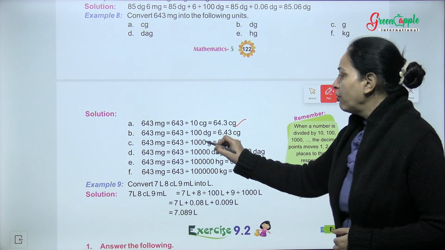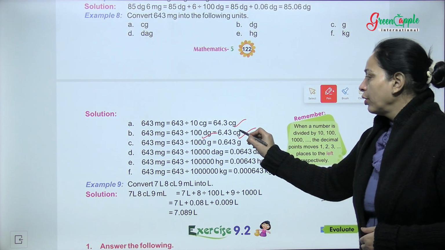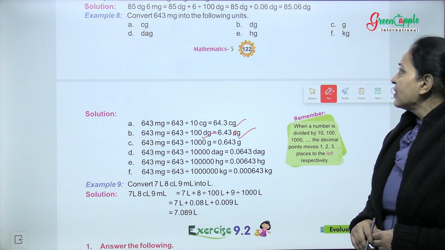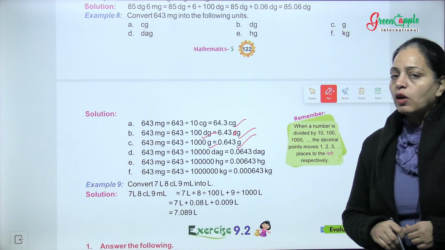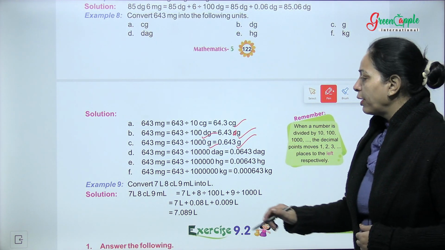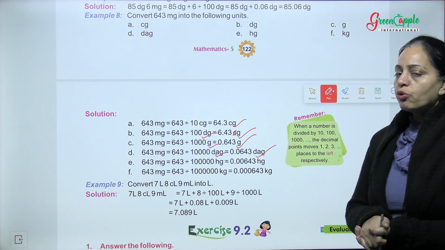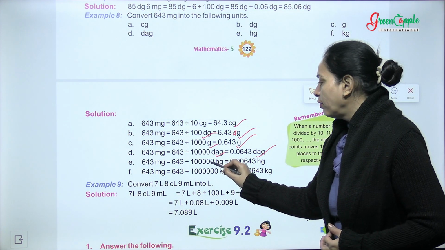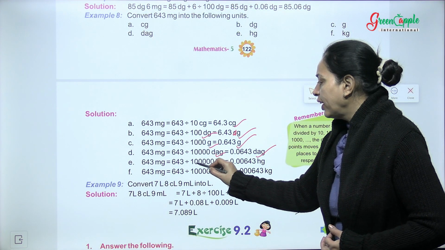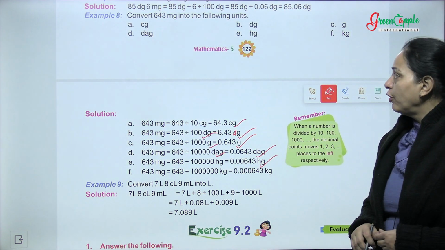Now the second is into decigram. So divide by 100, 6.43 decigram. Okay. The next is gram, so divide by 1000, this is the answer. Now decagram, so divide by 10,000, this is the value. Now convert into hectogram, so divide by 100,000, one lakh, this is the value.